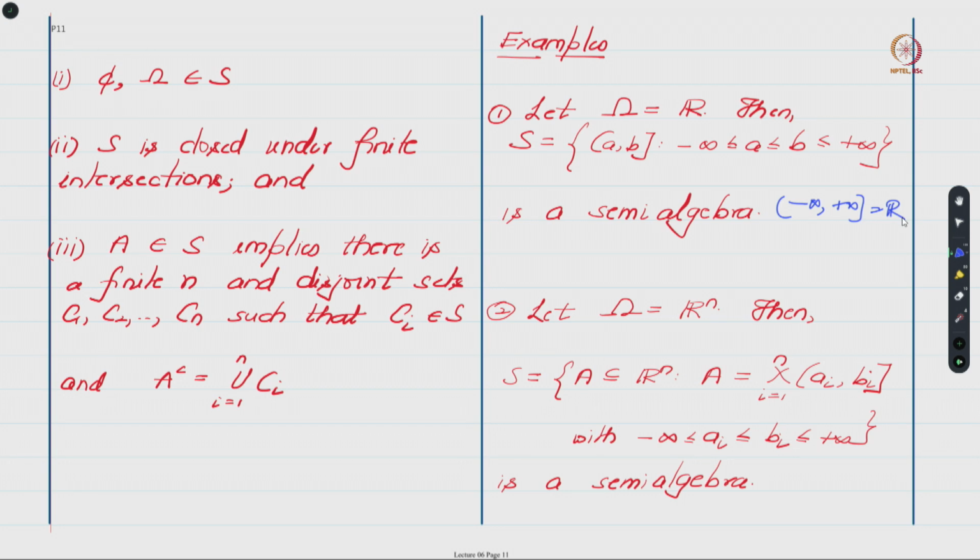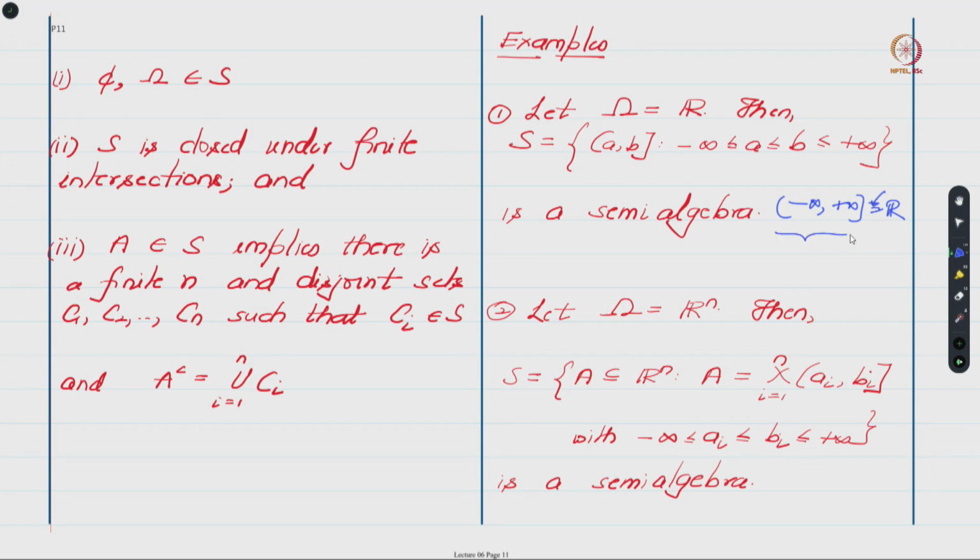From this interpretation we can see that this collection S contains your omega set. When I put the square bracket at plus infinity, it is not to imply that there is some element called plus infinity that has to be included, like we do in the context of extended real numbers. No, we are not doing that.